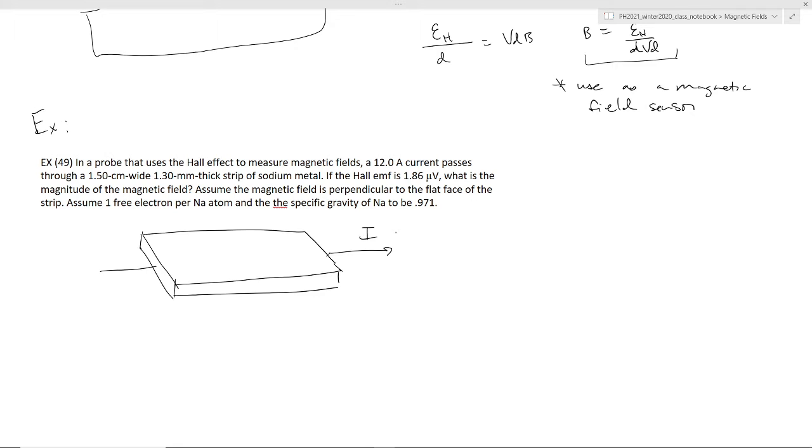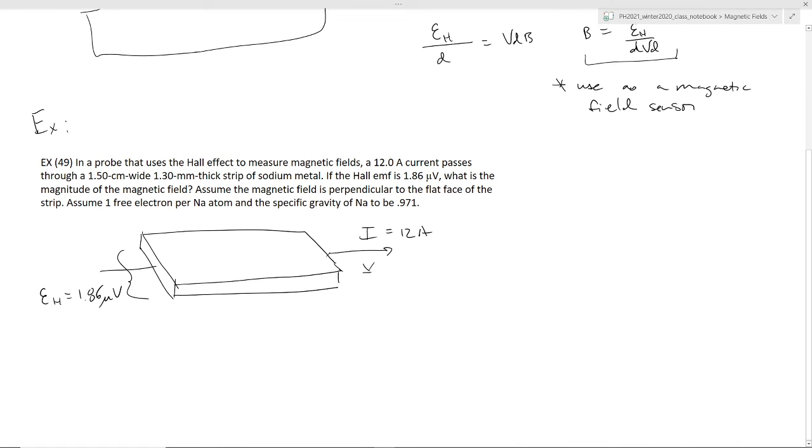Assume the magnetic field is perpendicular to the flat face of the strip, and assume one free electron per sodium atom, and that the specific gravity of sodium is 0.971. So we have this current of 12 amps. We're going to assume that the EMF across here is 1.86 microvolts.